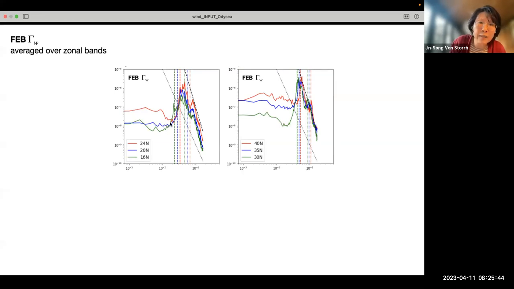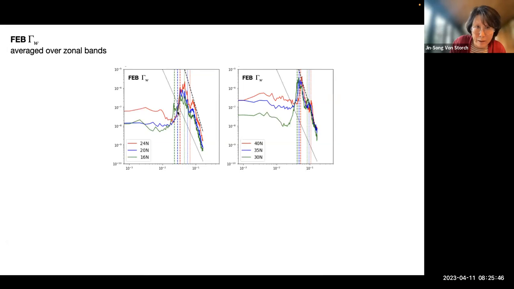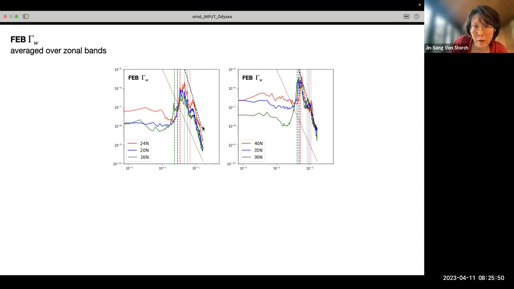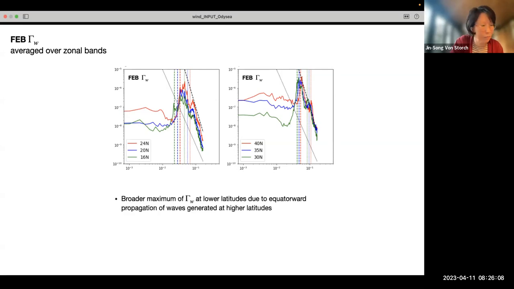For the green line at 16 degrees north, you have a small maximum at the local inertial frequency, but then you have a broad maximum at higher frequency. So this indicates that we have waves excited at high latitude, and those waves move downward towards the equator.